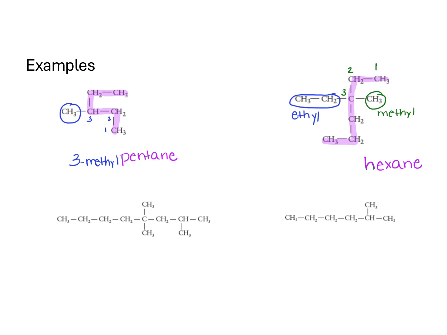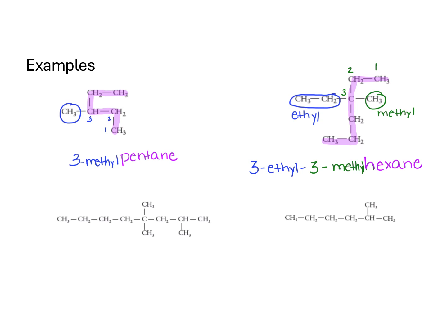So we need to put these in alphabetical order. E comes before M. So this would be 3-ethyl-3-methylhexane. And so that's the name of that particular structure.